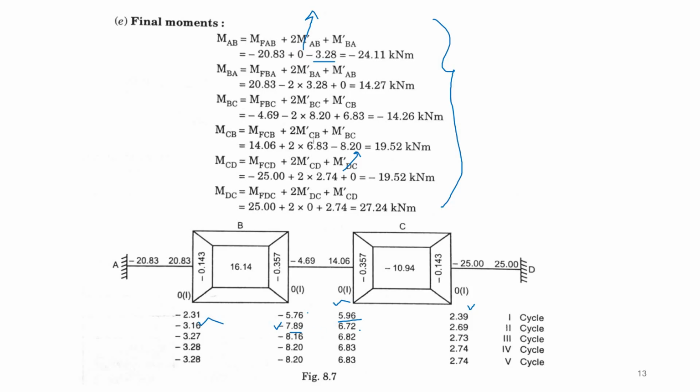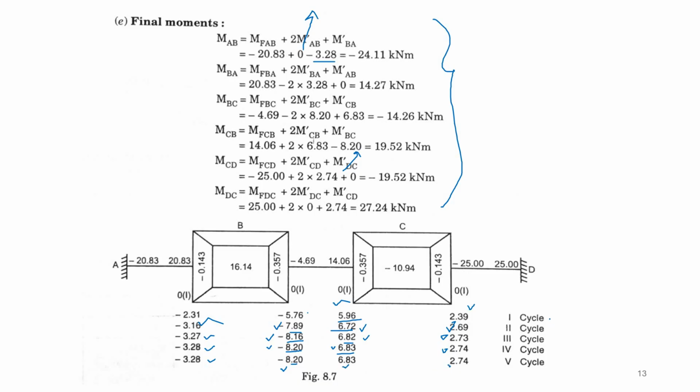Then this 7.89 is used to calculate these two values, and this 6.72 is used to calculate these two values, and 8.16 is used to calculate these two values, and this 6.82 is used to calculate these two values, and 8.2 is used to calculate these two values, and 6.83 is used to calculate these two values, and this 8.2 is used to calculate the values.